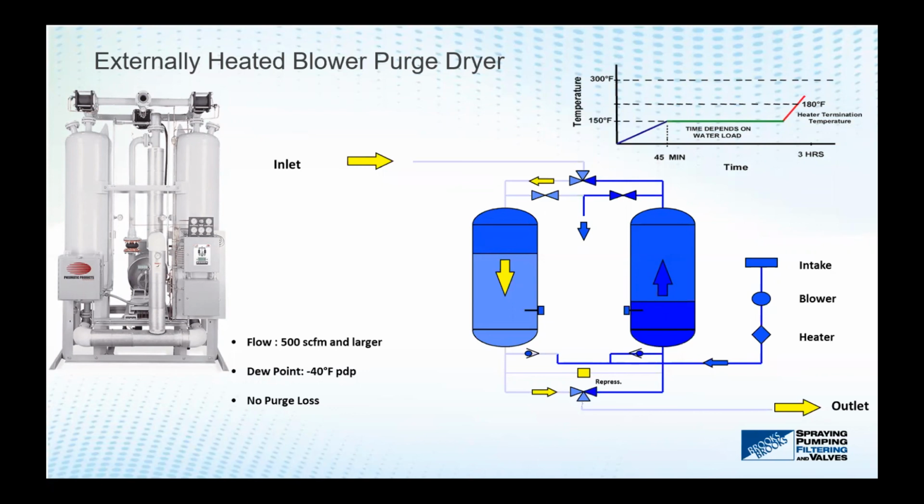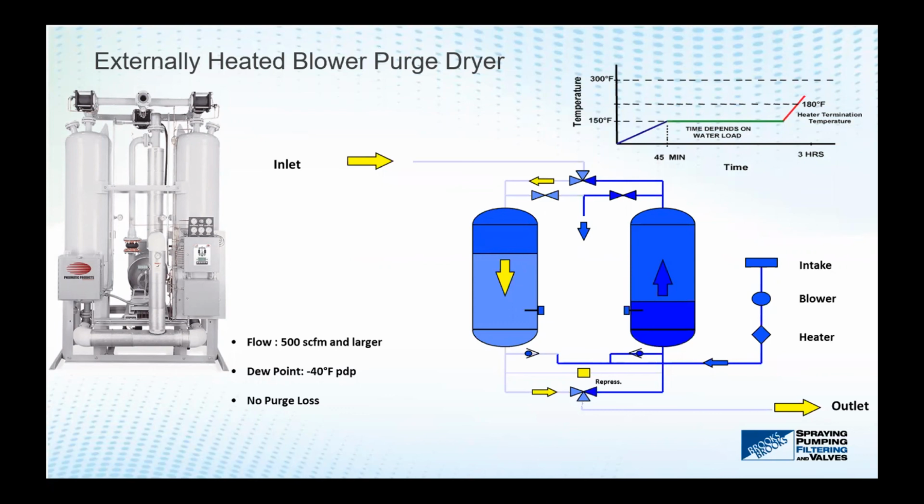But here in particular, when you're looking at a heatless dryer versus a heat reactivated or externally heated blower purge dryer, the difference is when we get into higher flow rates, over, let's say, 1,000 SCFM, I like to evaluate both systems before we quote. The heatless dryer is less expensive. However, its energy consumption can be a lot higher.